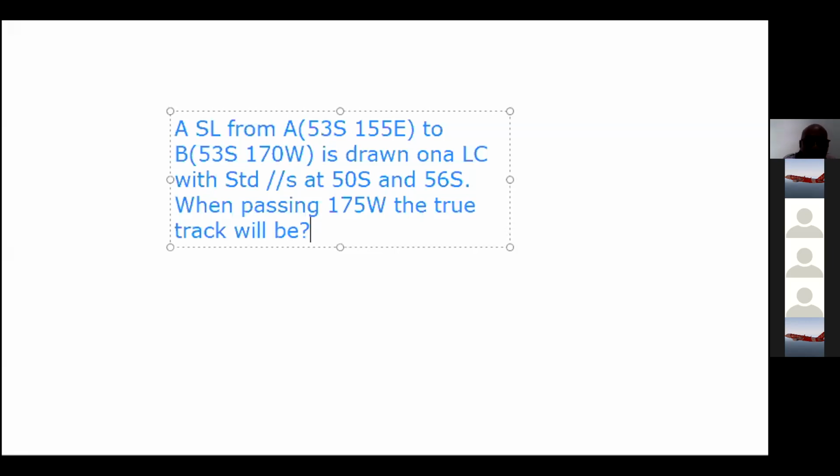When passing 175 west, what will the true track be? Yes, everyone understood the problem? Any doubts on the problem? When passing 5 degrees short of 170 west, what will the track be?